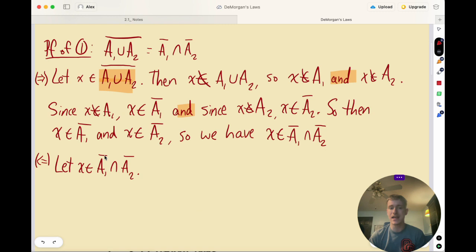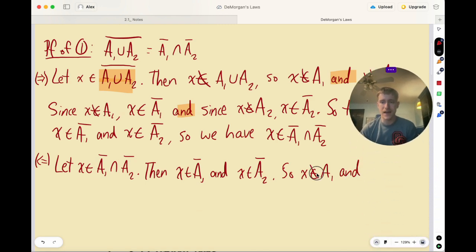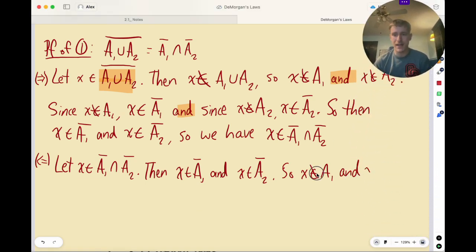If x is in the intersection of A1 complement and A2 complement, I'm going to go a little faster this time. Then x is in A1 complement and x is in A2 complement. If x is in A1 complement, that means x is not in A1. And if x is in A2 complement, that means x is not in A2.